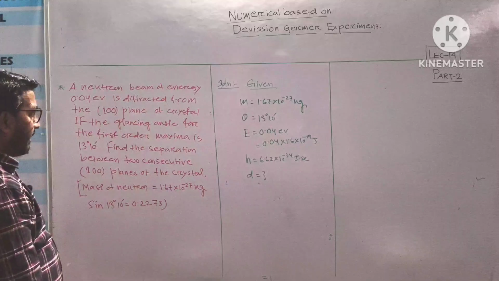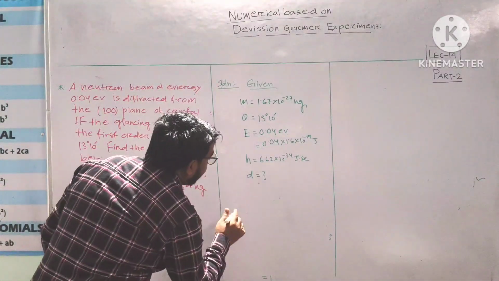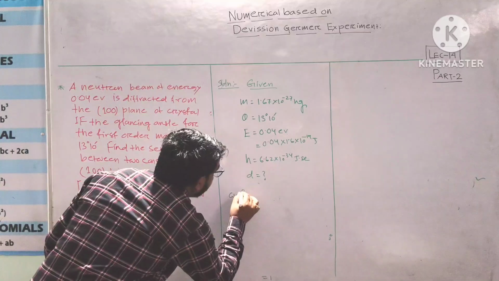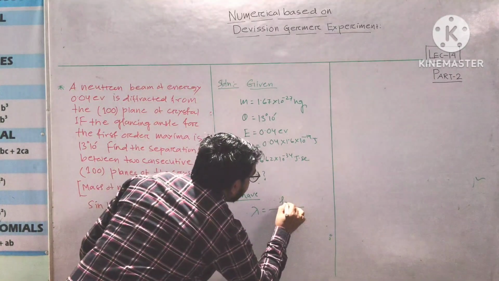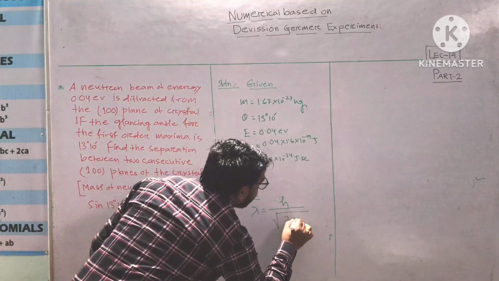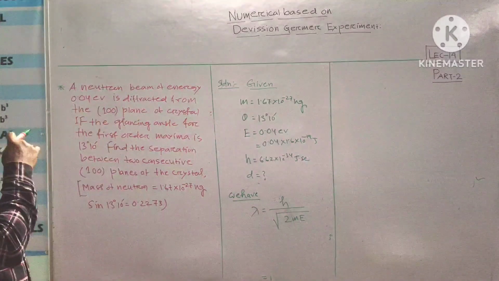First of all, we are going to find out lambda. We have lambda equal h by under root of 2mE. This is the expression of de Broglie wavelength in terms of energy. Remember this.